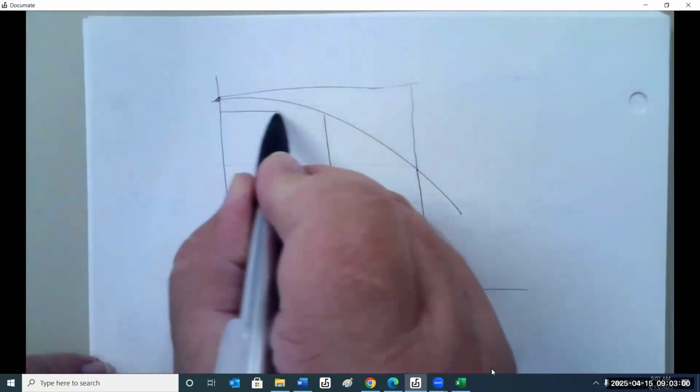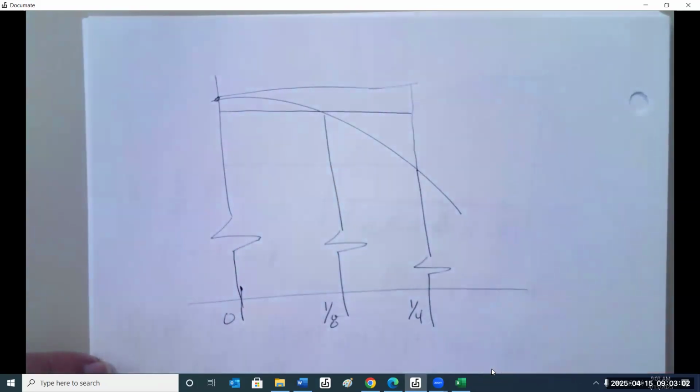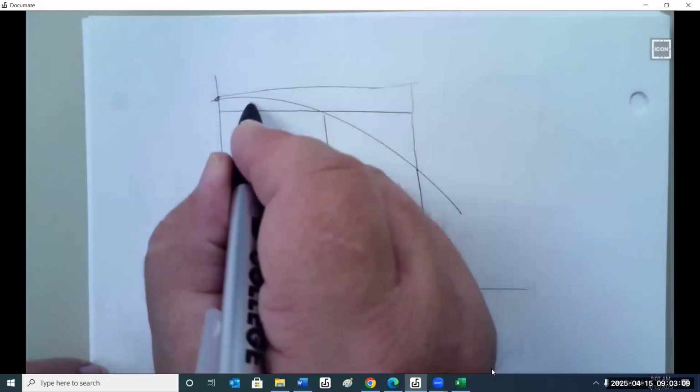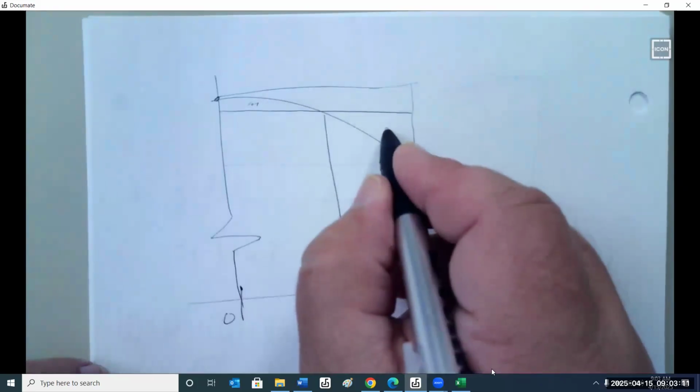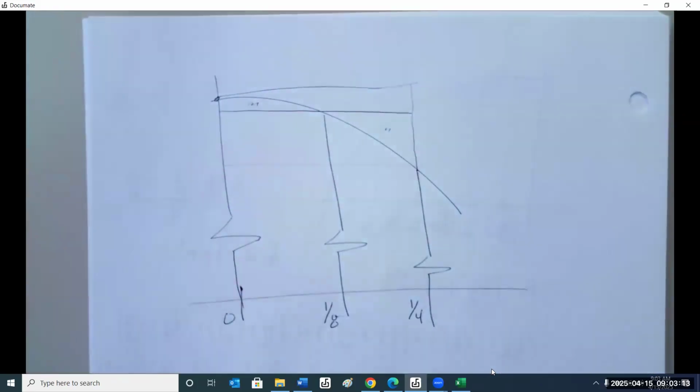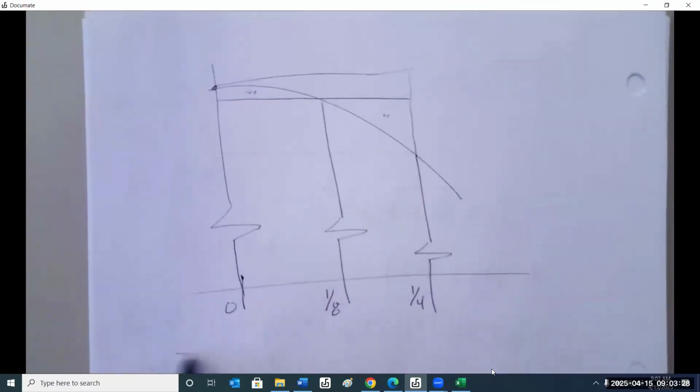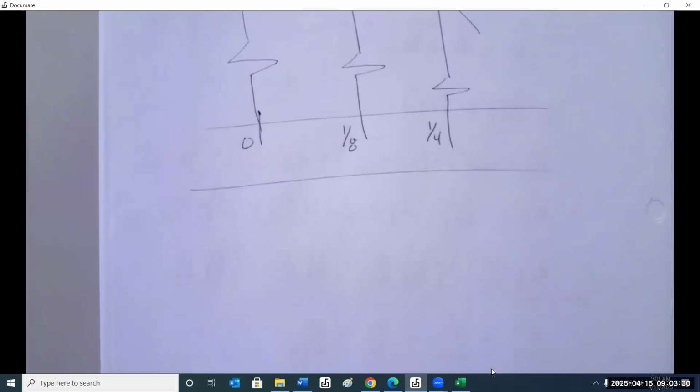But if we use the midpoint method, this area, which is not enough, and this one's too much, they cancel each other out. So the midpoint method makes it a lot closer. The more intervals you have, the smaller these things get, the more accurate your answer becomes. So that's the concept that we're doing in this chapter.